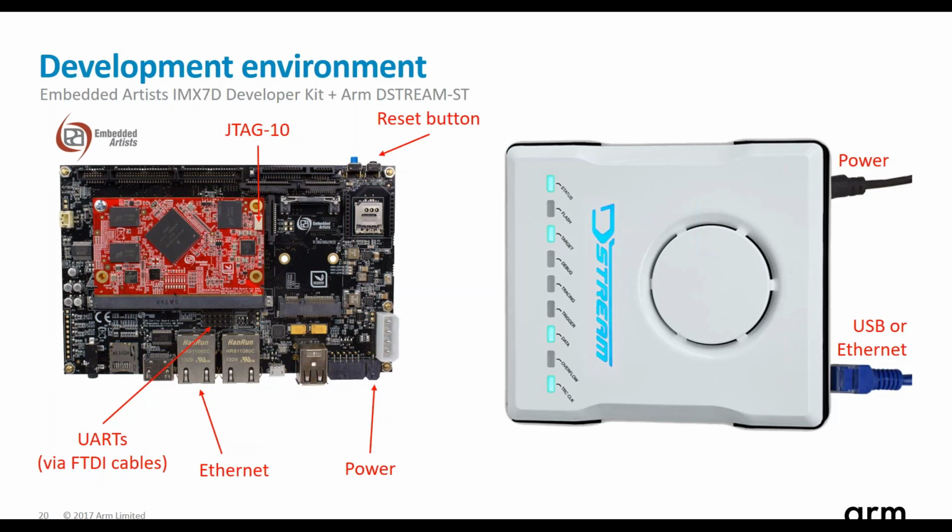We connected UART to my computer via USB port, and we connected Ethernet as well, so that we can connect with GDB server. The DStream is connected currently with USB, but we have an Ethernet port as well, so potentially you can have the DStream on a server farm, for example, or a debug farm, a continuous integration farm.